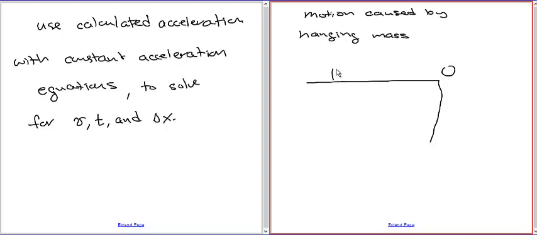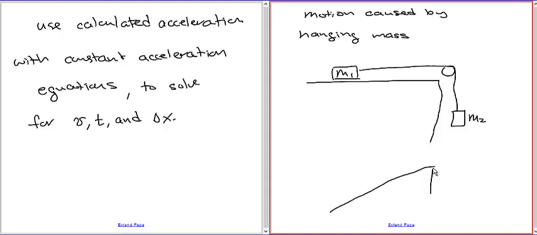You'd have some object here that's going horizontally, sliding along the surface because it's being pulled downward by this hanging mass. We'd have M1 and we'd have M2. Or we could have the case of an inclined plane again. So you'd have this scenario.